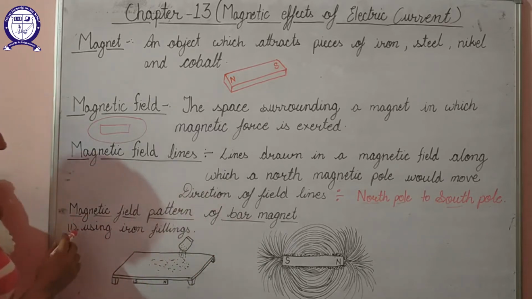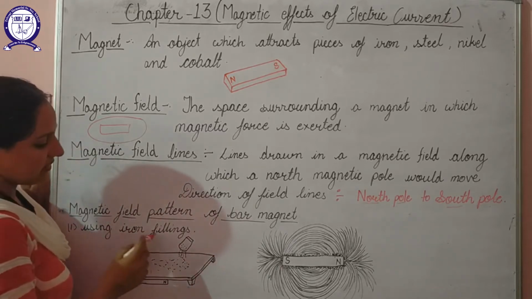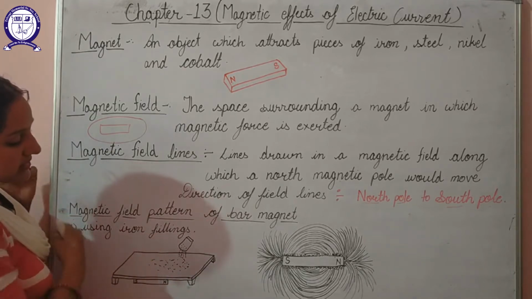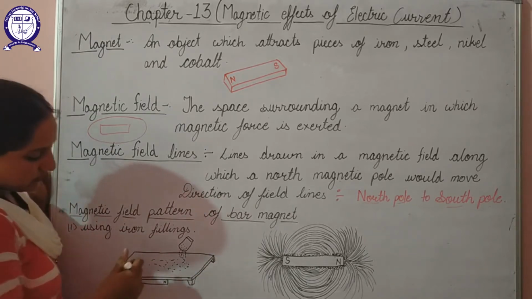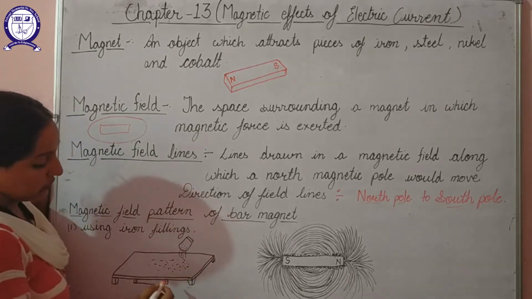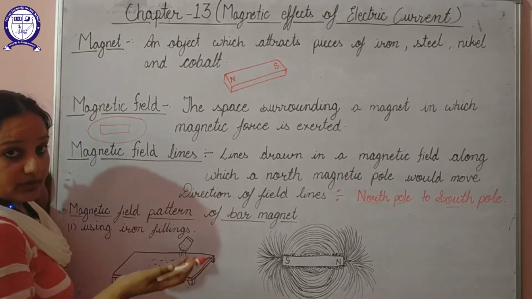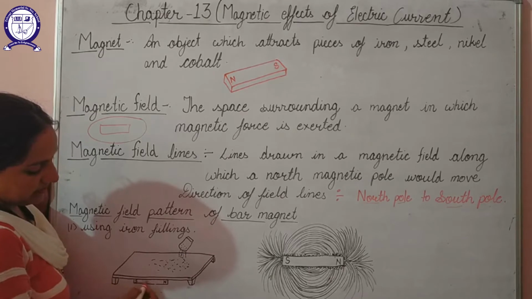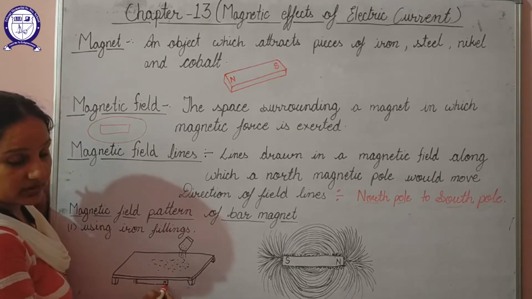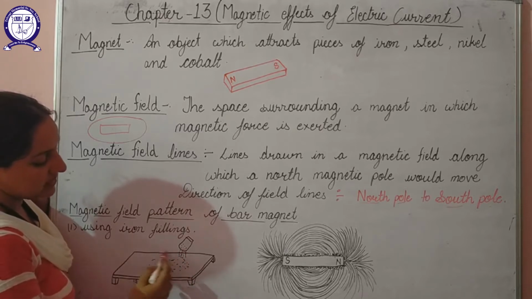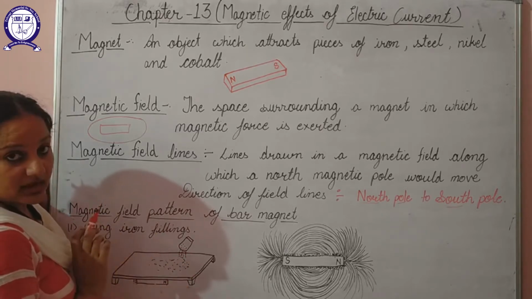First of all, let's discuss the first method, using iron filings. We will discuss this with the help of an activity. Suppose I have taken a table, a cardboard. On the bottom of that cardboard, I have fixed a magnet. This is the south pole of the magnet and this one is the north pole. Then I have sprinkled some iron filings on this cardboard.